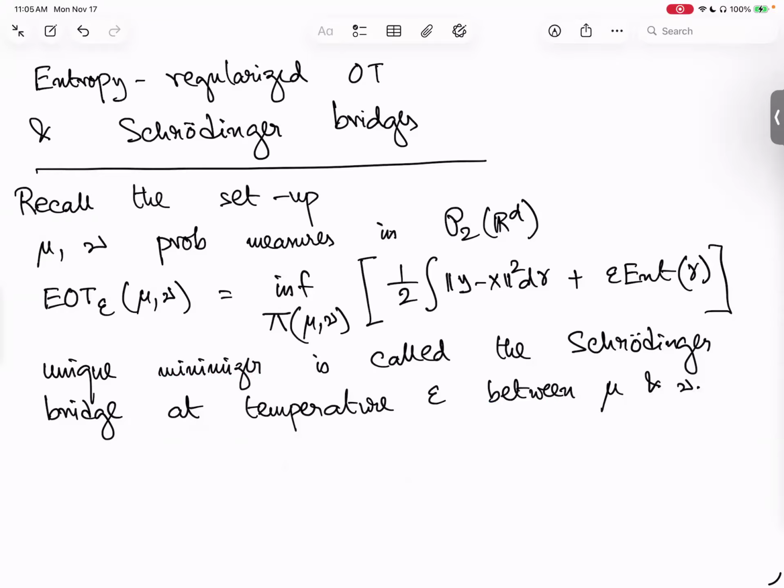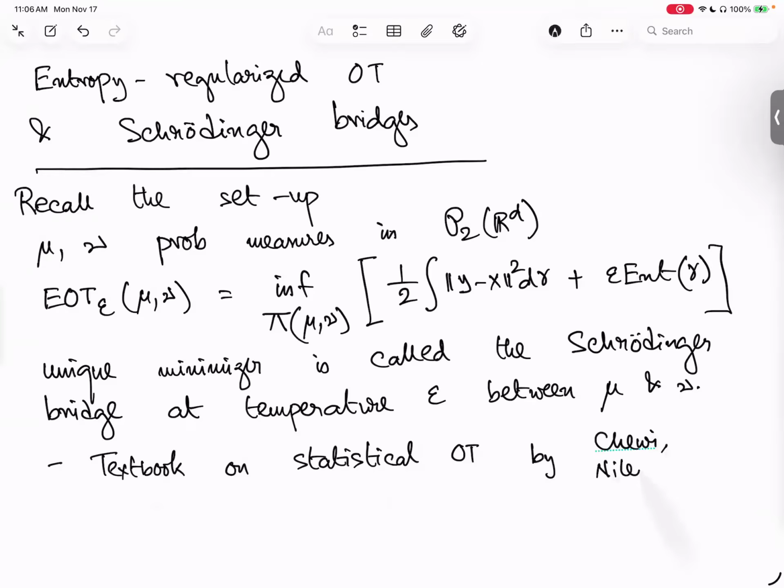Now, this topic of entropy regularization and Schrodinger bridge is typically not covered in the standard optimal transport textbooks, mostly because it's new and it's more statistical. But now there are some excellent resources here. So you can look into this textbook on statistical optimal transport by Chewi, Niles-Weed, and Rigollet.